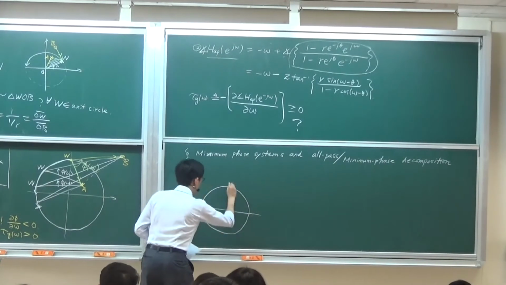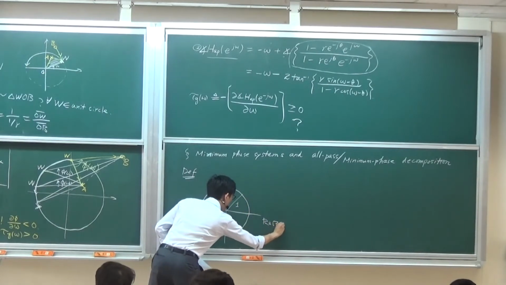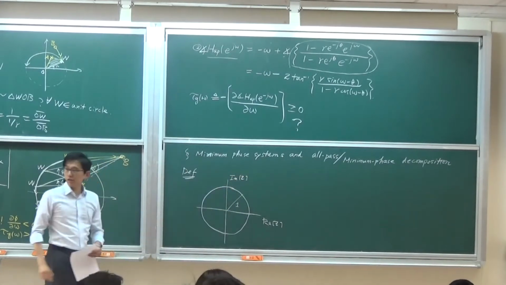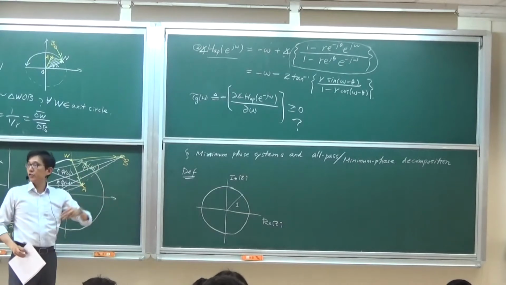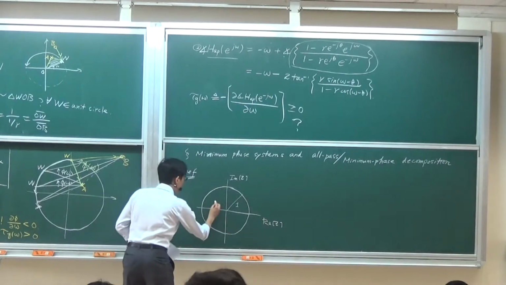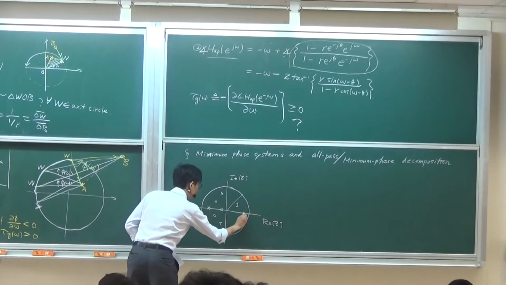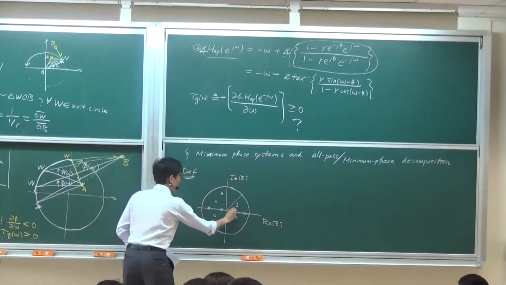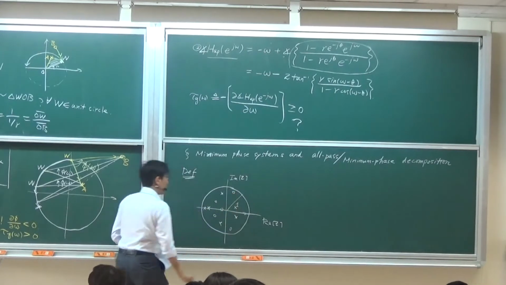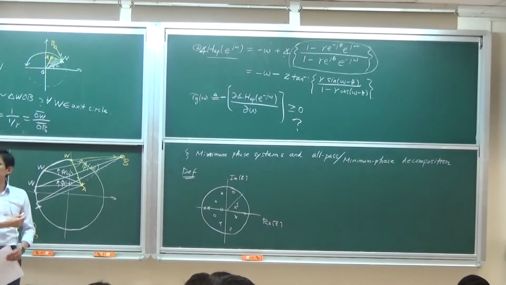Let me just draw a picture. If we have a unit circle here, with radius 1, and if we have a system, a difference equation system, we can always write down the system function. And if all the zeros and poles are inside the unit circle, not only the poles, but also the zeros, then we call this system a minimum phase system.